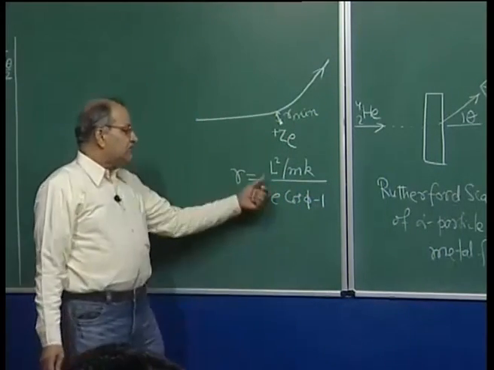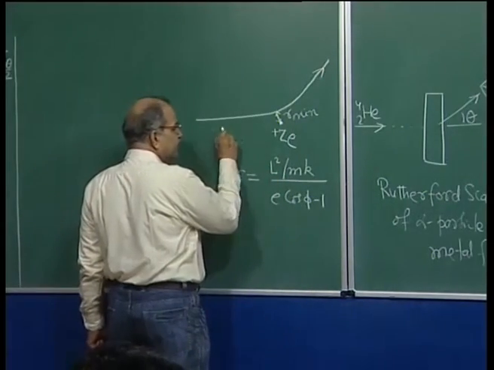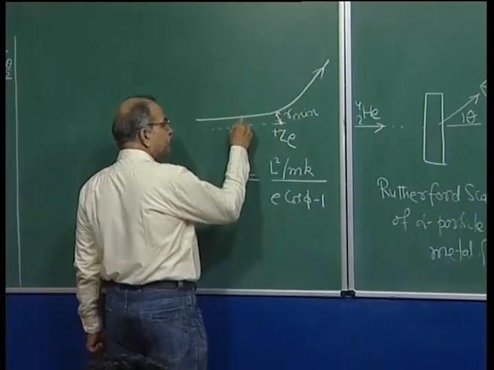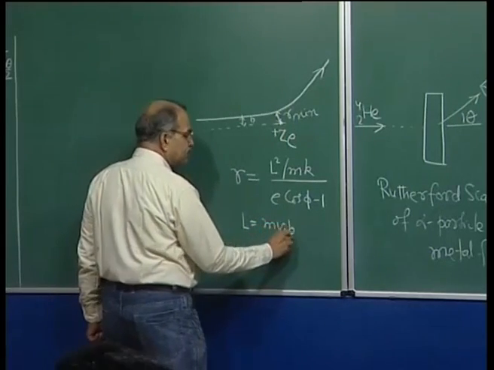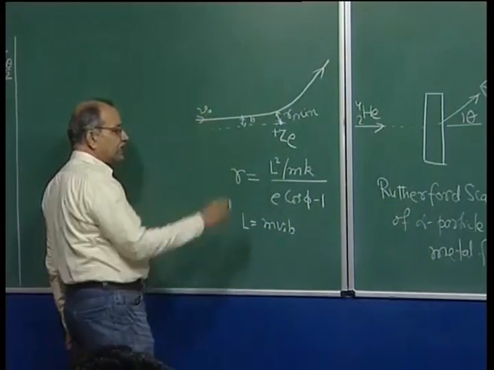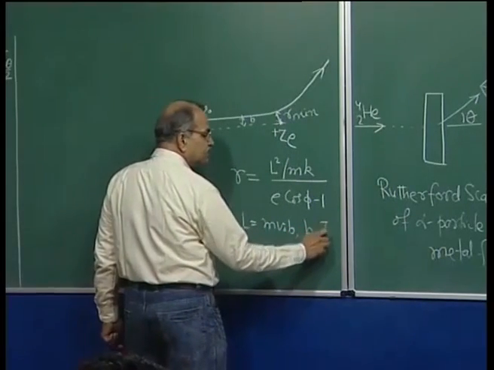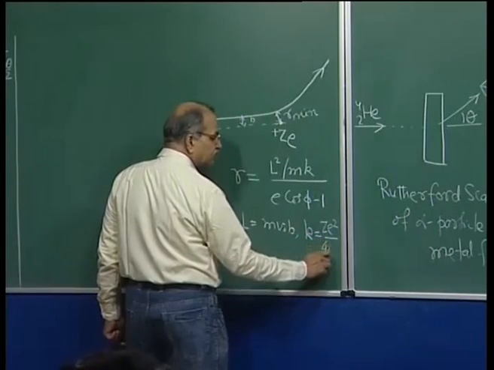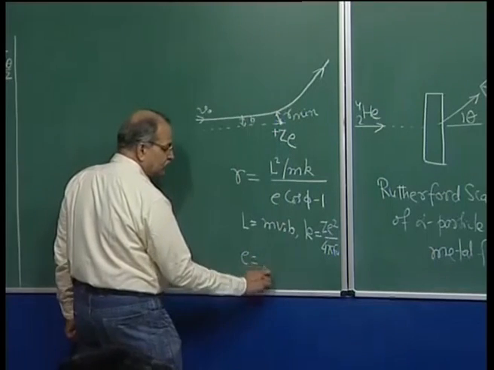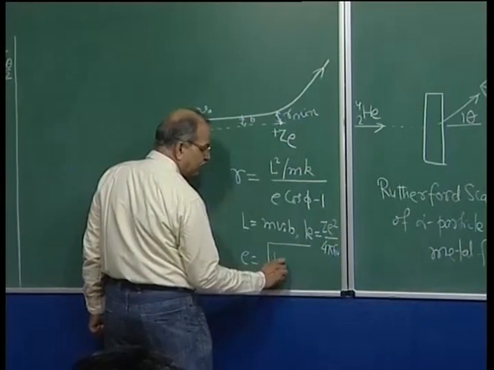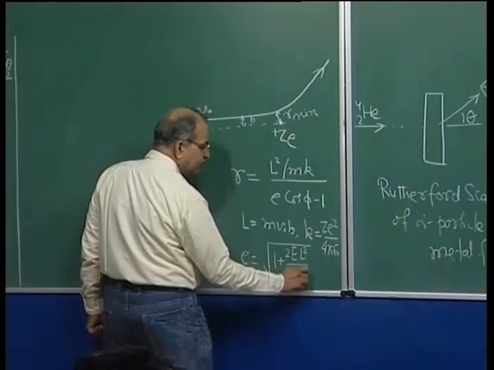So, this has angular momentum, that means if I take this distance to be b, then this L will be m times v naught times b, where v naught is the speed here, the angular momentum. k is that constant Z e squared by 4 pi epsilon naught, e is the eccentricity which will be 1 plus 2 total energy L squared by m k squared.